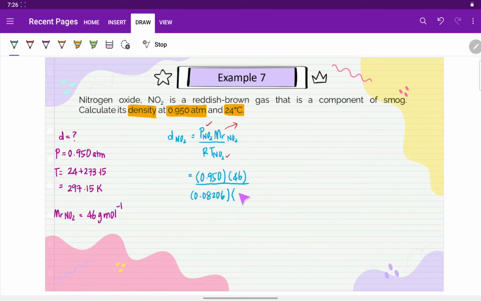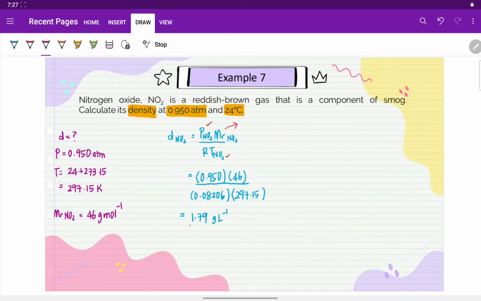And our temperature in Kelvin, 297.15 Kelvin. Okay, so substitute everything. Okay, dan awak akan dapat jawapan awak, density awak sebagai 1.79 ataupun 1.8 yang mana unit dia akan jadi gram per liter.